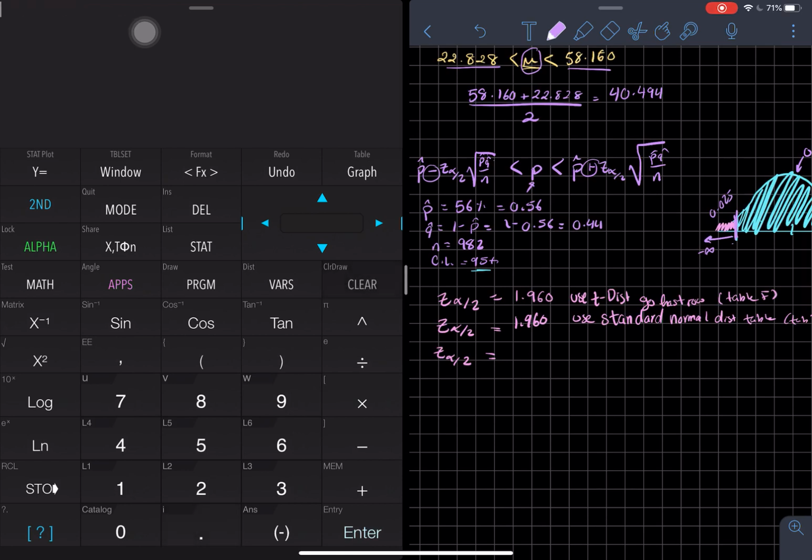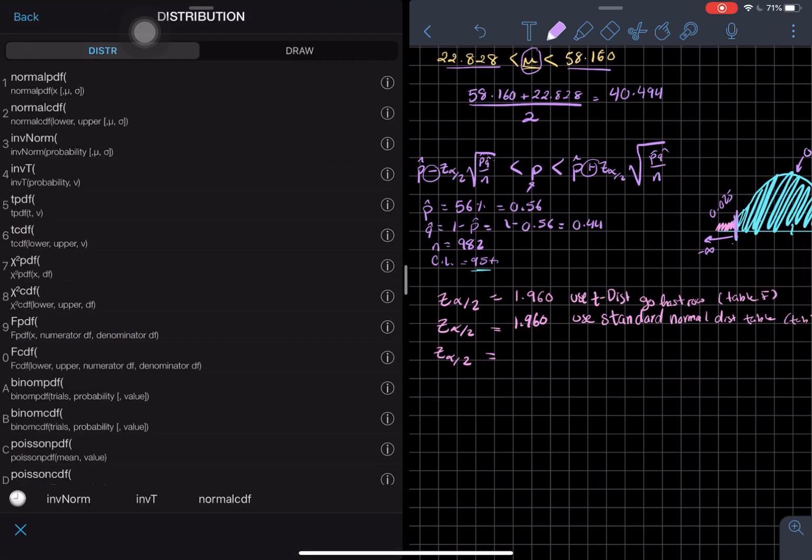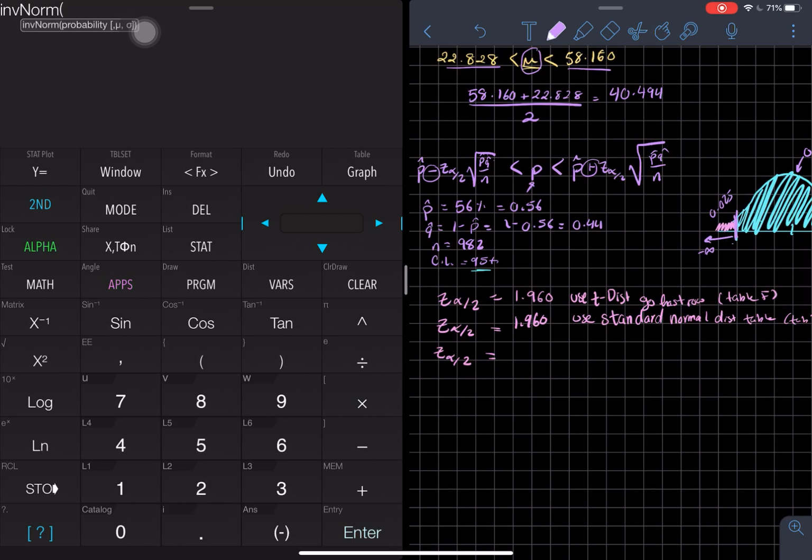Second vars, inverse norm. It's going to be 0.025, comma. My mu is always 0 when I'm doing the standard normal distribution, or my z-table, or my curve.